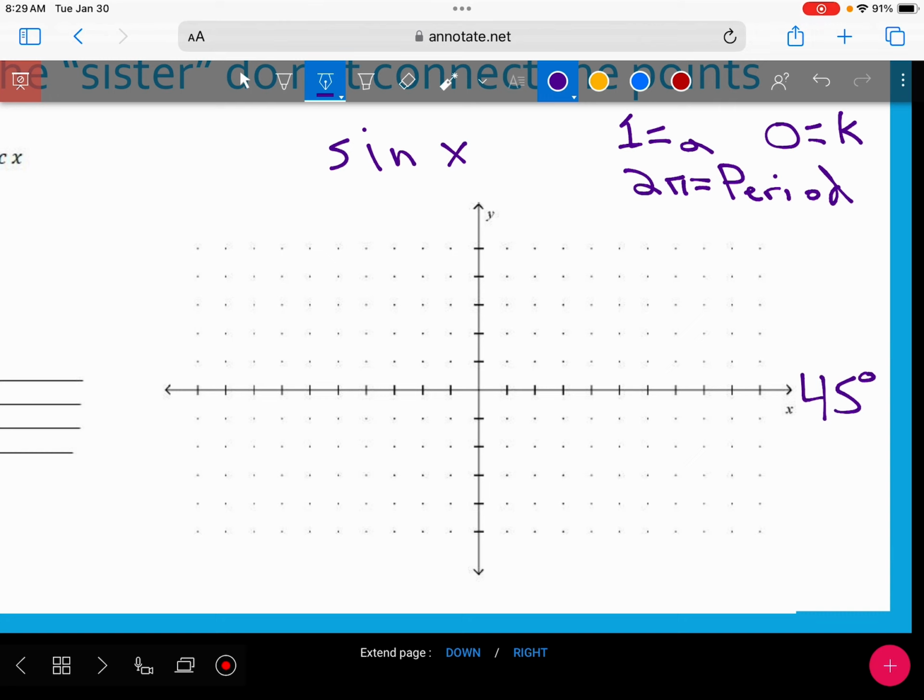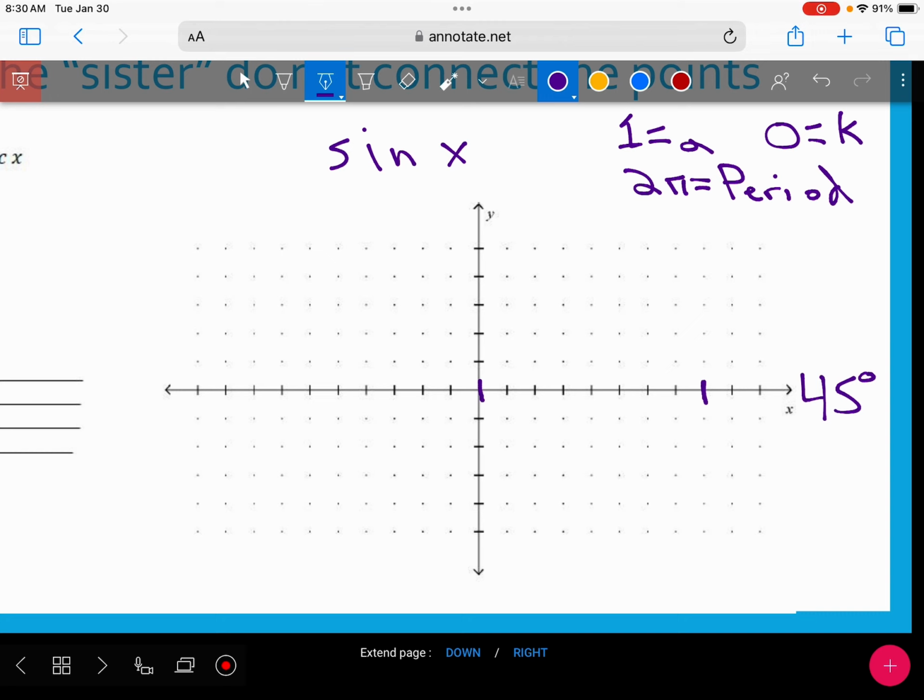If I was looking to plot the points, there's no horizontal change or phase shift, so that would be my first hash mark. Then my second hash mark would have to be 2 pi or 360 degrees away. We count by 45 degrees, so it's going to take 8 jumps to be 2 pi or 1 period away.